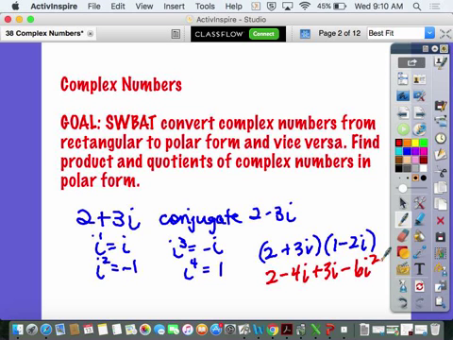You would combine like terms to get 2 minus i, and then this would turn into a negative 1, which makes a positive 6, so your final answer would be 8 minus i. You guys did that back in algebra 2. We're going to be doing more complex operations with complex numbers.